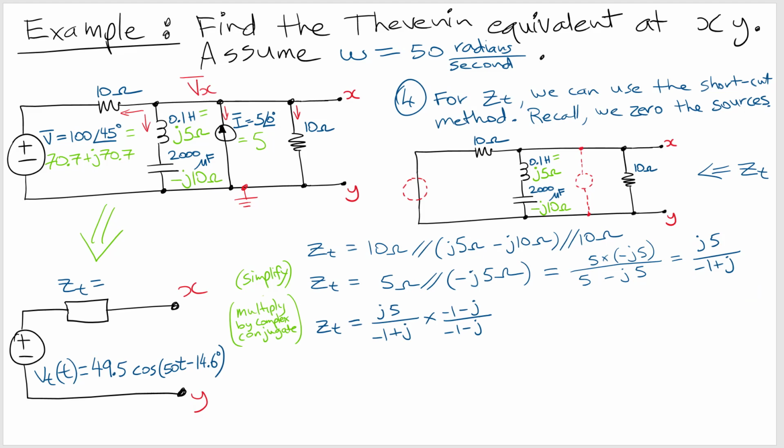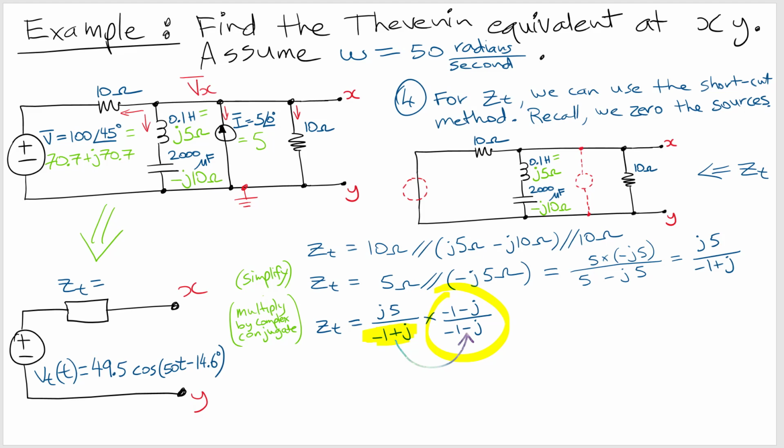And then the problem is we have a complex number in the denominator. There's not much we can do with that, so we have to convert it into standard form. And how we convert to standard form is by multiplying by the complex conjugate of the denominator. So that's what we're doing here. And you notice whenever we multiply by the complex conjugate, all we're doing is flipping the sign.